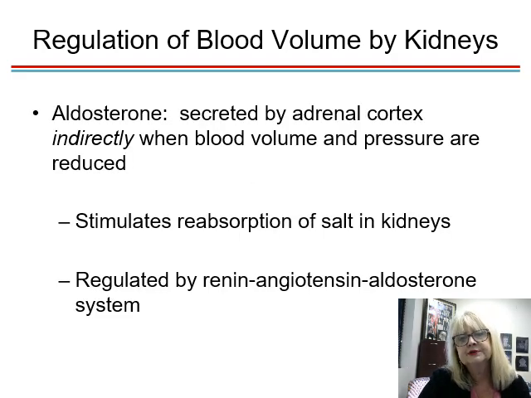Aldosterone is secreted by the adrenal cortex indirectly when the blood volume and pressure are reduced. It stimulates reabsorption of salt in the kidneys, and it's regulated by the renin-angiotensin-aldosterone system.